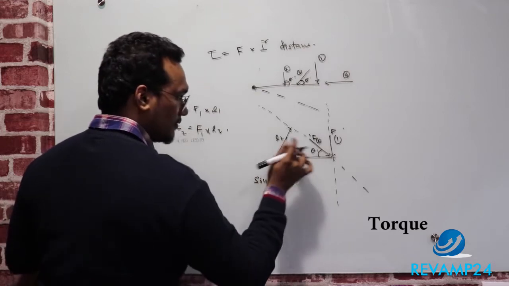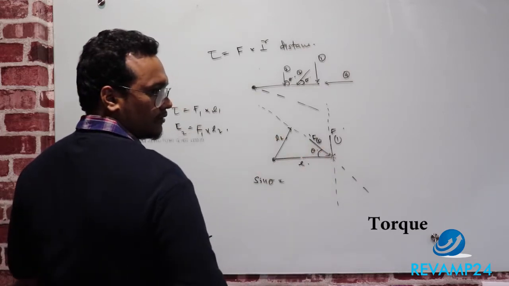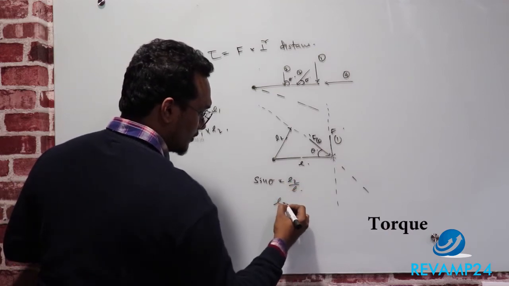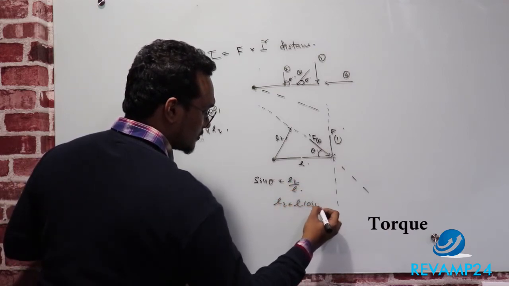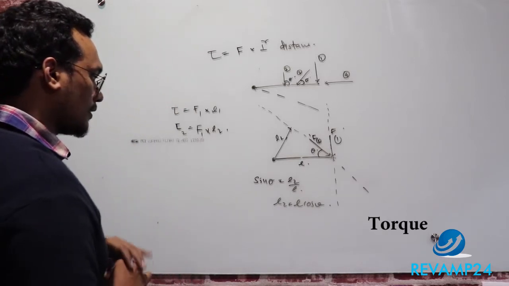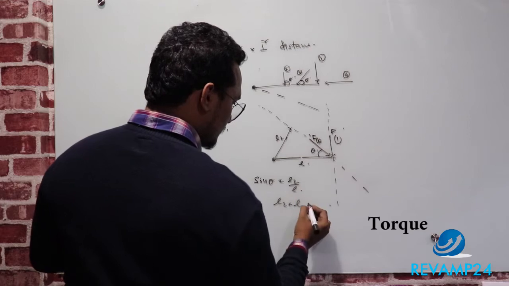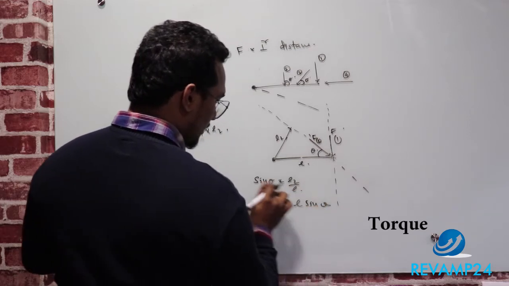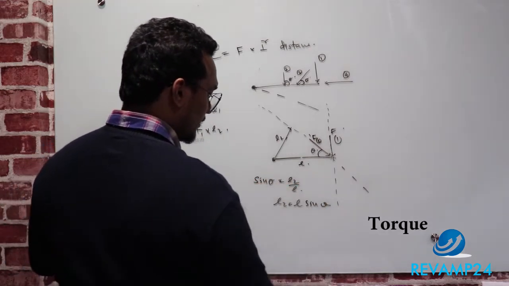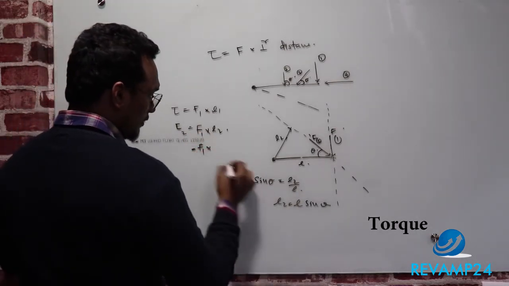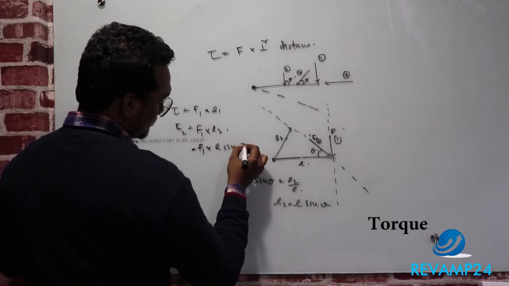What is sin theta? Opposite by hypotenuse, that is L2 divided by L, so L2 is nothing but L sin theta. Just multiply L sin theta, you'll get L2. Just multiply here F1 into L sin theta.